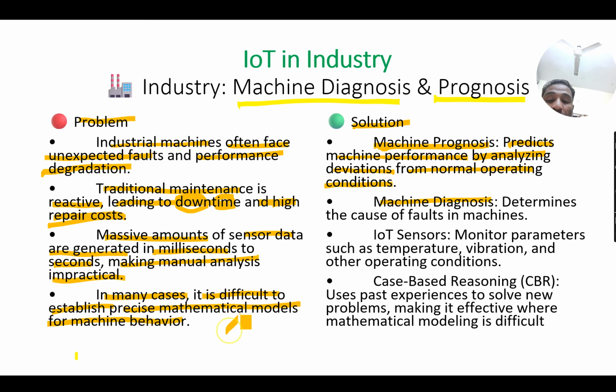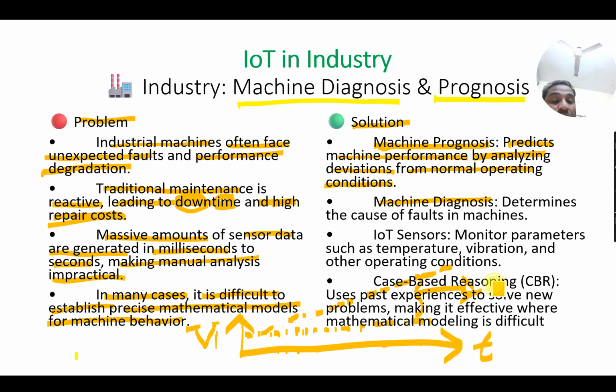For example, in the previous class, in transport systems and logistics, I gave an example: we measure the vibration of the machine with respect to time. I found that the vibration is constant. Now, suddenly, if the vibration of the machine increases with respect to time, we call this a deviation from the normal operating condition.